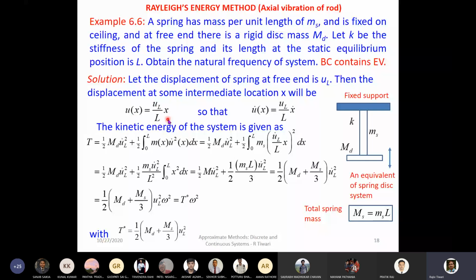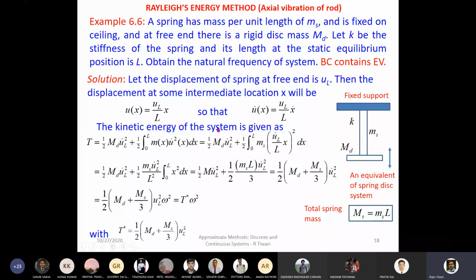If we take the derivative of this to get the velocity of the spring at any point, then because these are constants, this will be the velocity. X is the location.